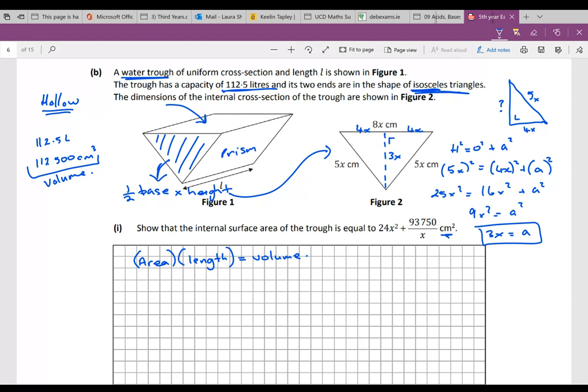So to find the area of that, it's half the base times the height. So half of the base, which is 8x, times the height, which is 3x, which is a half 8 is 4, 4 times 3 is 12x squared is the area. So 12x squared times the length, which I can see from my diagram is L, is equal to that volume.